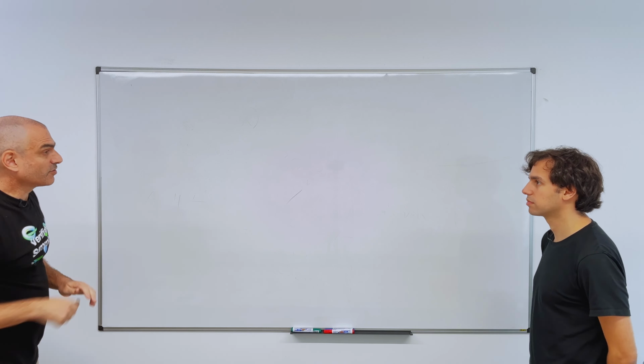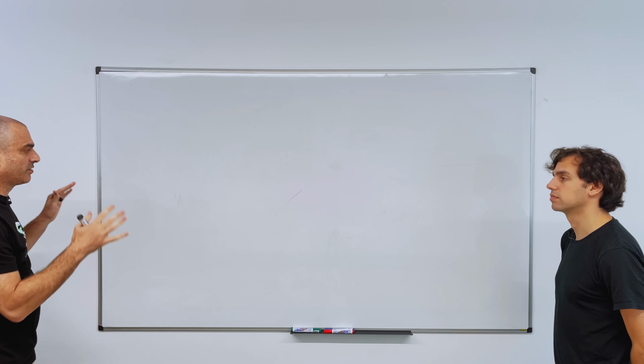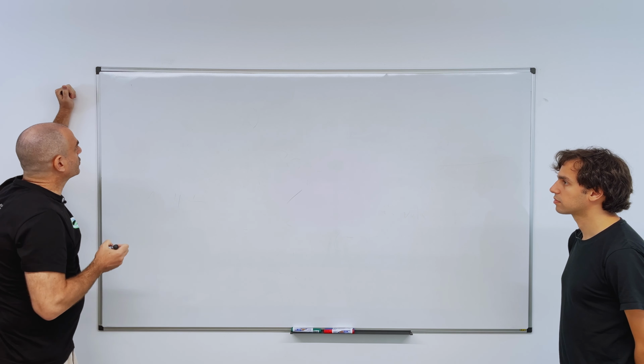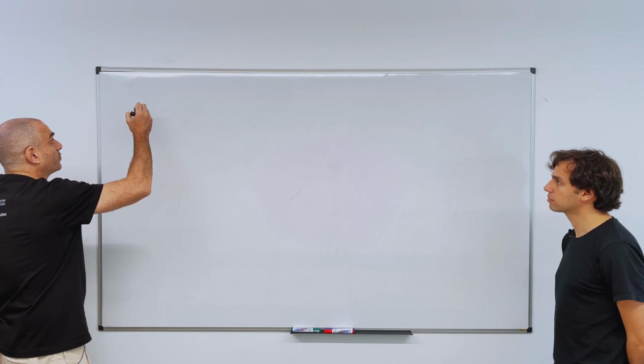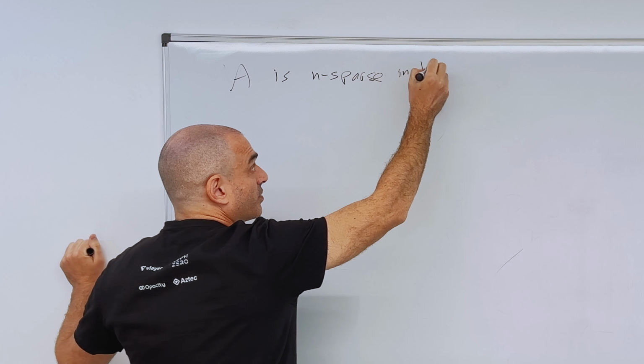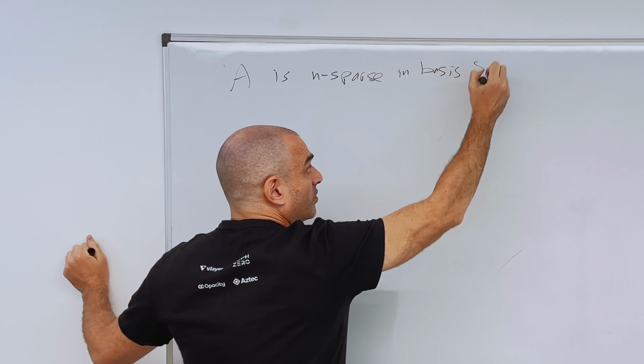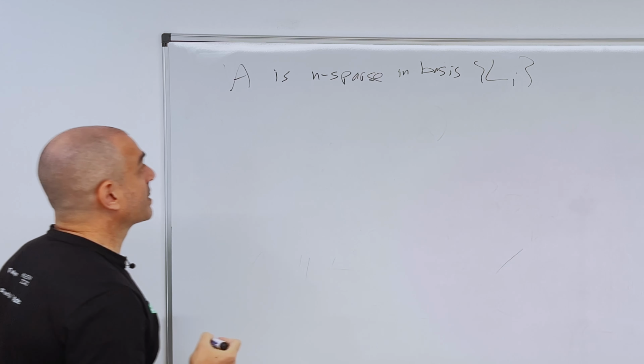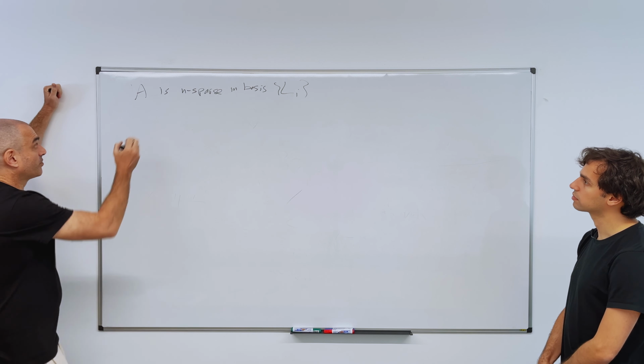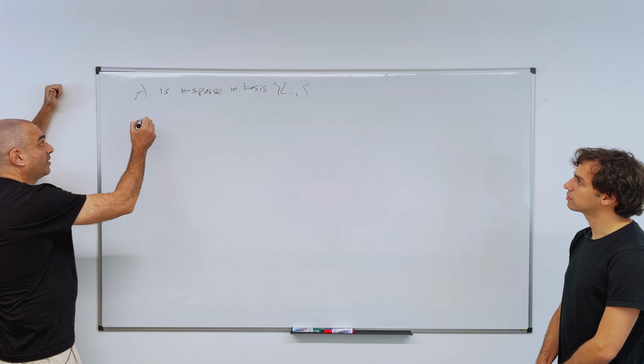For simplicity, let's forget for a second about some of the details in Logup and just think of the situation where we have A, and A is little and sparse in some basis, say in the basis of these Lagranges Li.